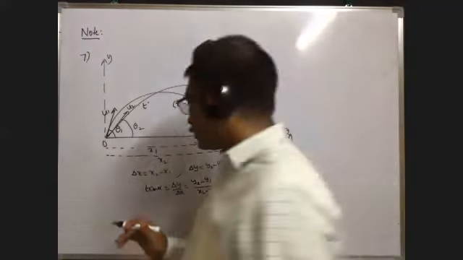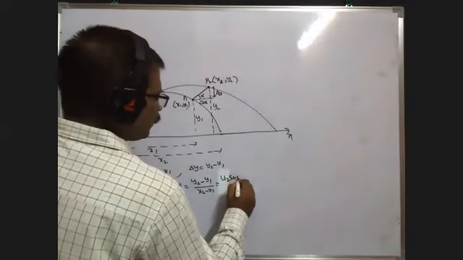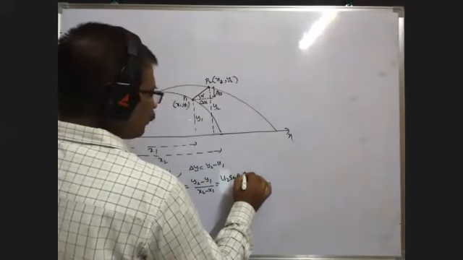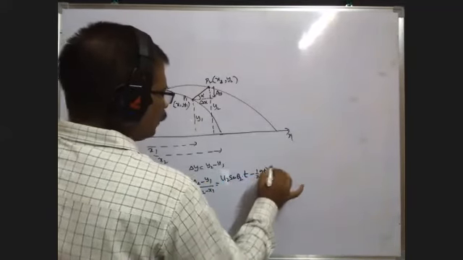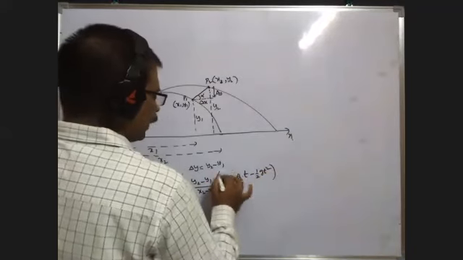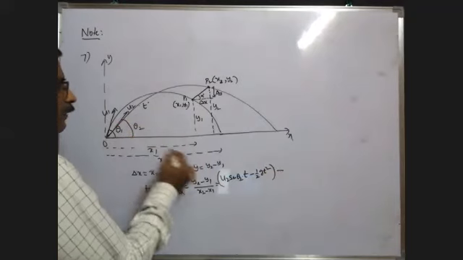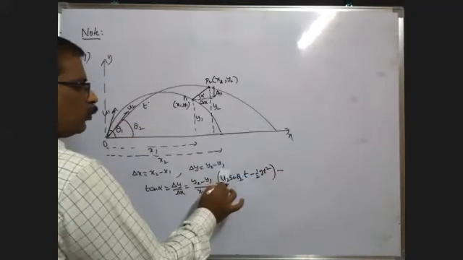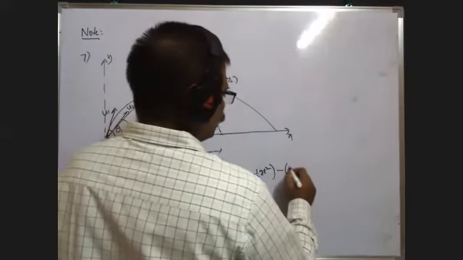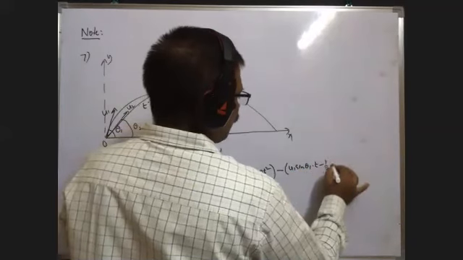So here you write y2 means u2 sin theta 2 into t minus half gt square, minus y1. Y1 means in case of the first projectile after t seconds, the same formula, but we have to write u1 and theta 1, so u1 sin theta 1 into t minus half gt square.